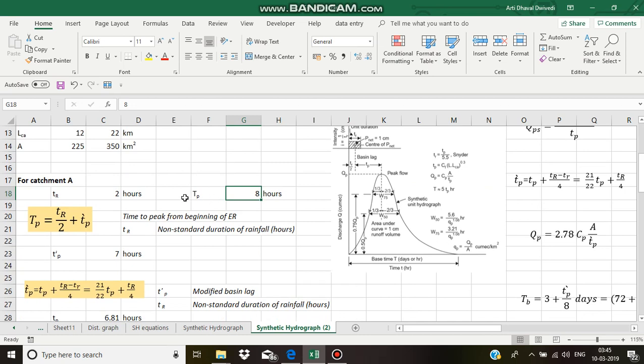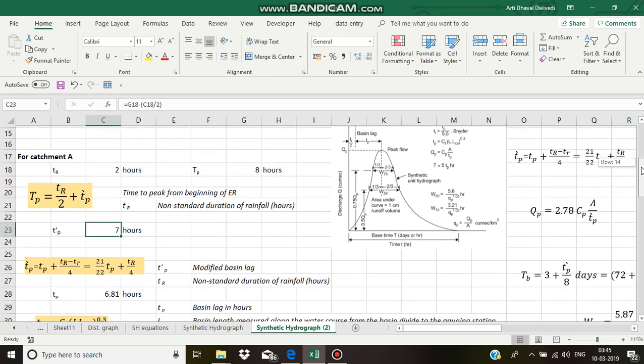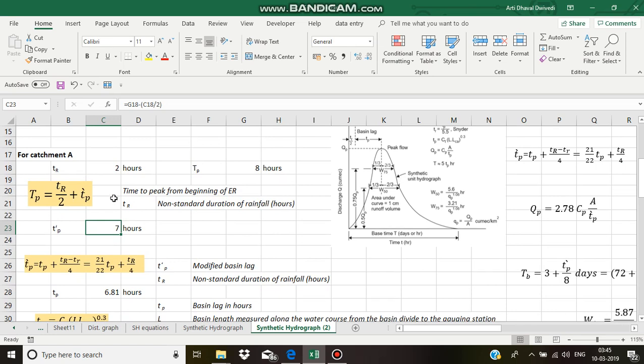Using the value of TP and TR, we calculated T dash P. T dash P is the modified basin lag. It is 7 hours. Now, using the value of T dash P and TR, we can calculate tp using this equation. And its value is 6.81 hours.